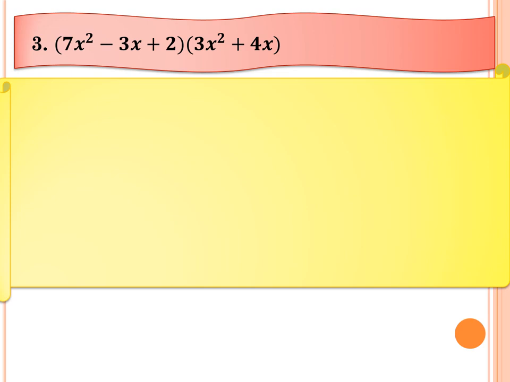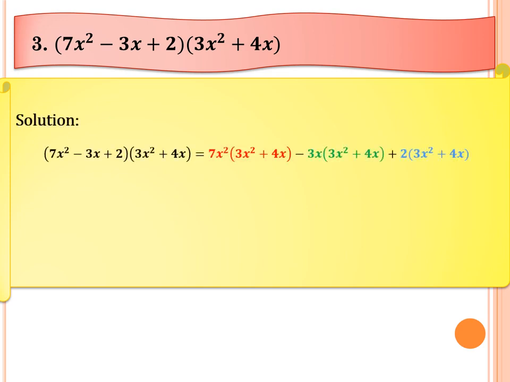For example number 3, given this expression, to solve this one, we distribute each term of the first parenthesis to the second parenthesis. Okay? So, we will have 7x squared times the second parenthesis, which is 3x squared plus 4x. That's the one in red.